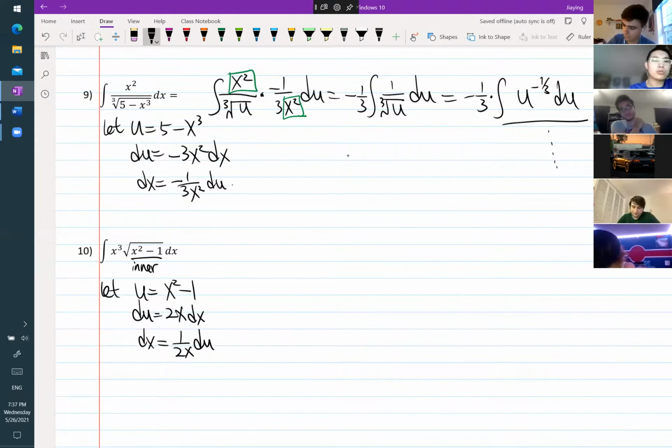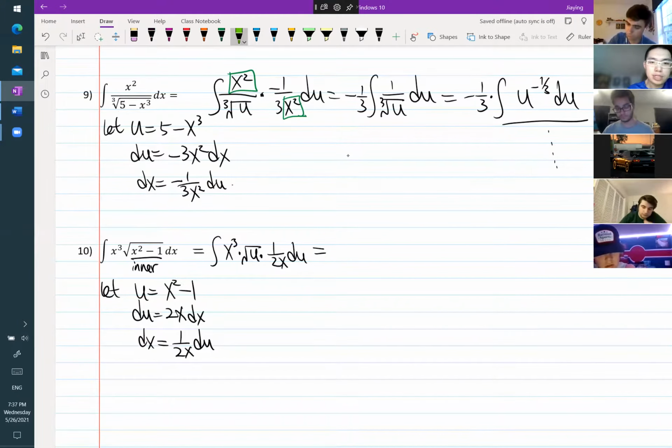And I'm going to go back to the integral and do the substitution like we have done before. So that becomes integrating x cubed times square root of u. dx becomes 1/(2x) du. So I'm going to take out one x from x cubed to cancel with the x in the denominator.